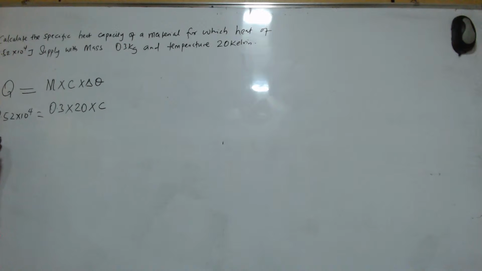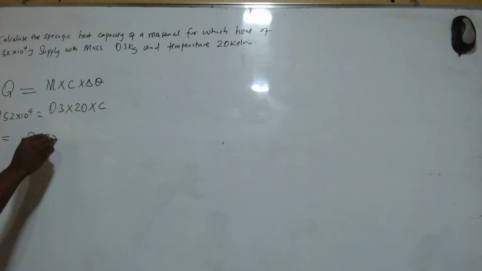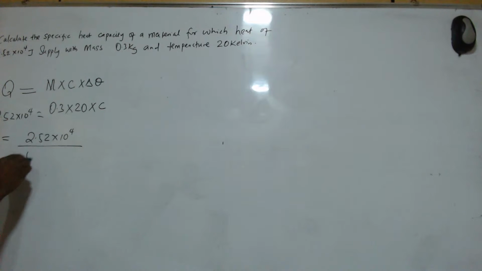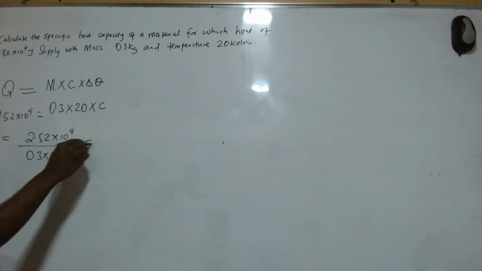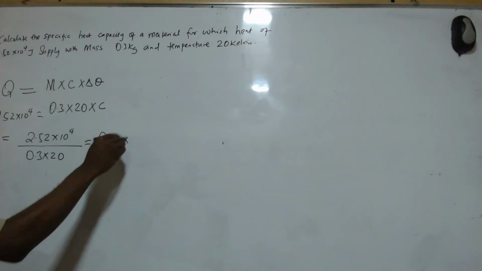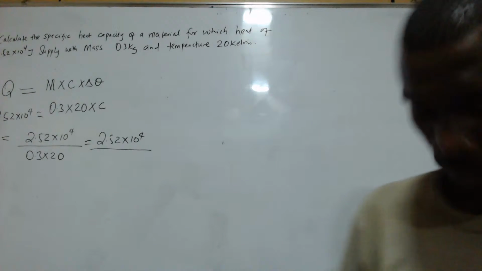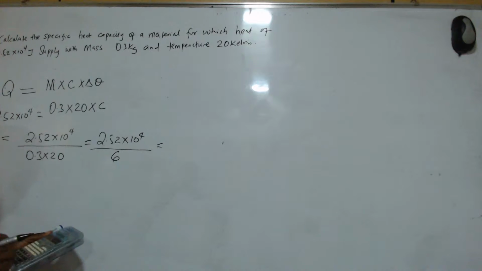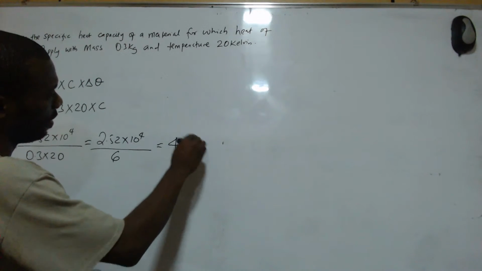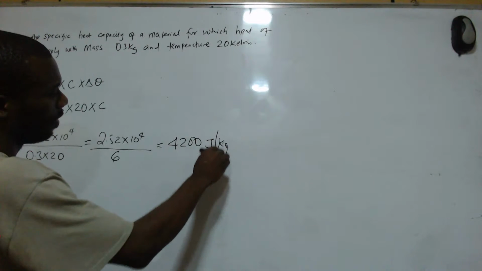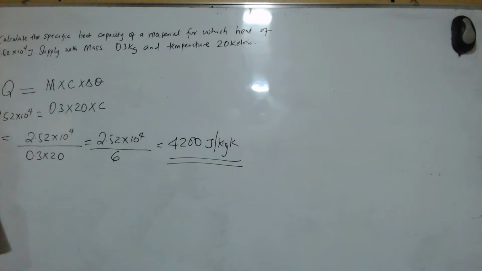So specific heat capacity will be 2.52 times 10 to the power 4 all over 0.3 times 20, which is 2.52 times 10 to the power 4 divided by 6, to give us 4200 joules per kilogram per Kelvin, which is the specific heat capacity of water.